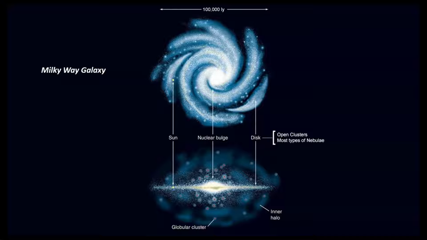But the best known citizens of the halo are globular clusters, like Omega Centauri or M13, just not M71. It's in the disk. But you do find lots of open clusters in the disk. You pretty much exclusively find open clusters in the disk of the galaxy because they're so young, and most star formation occurs in the disks of spiral galaxies.